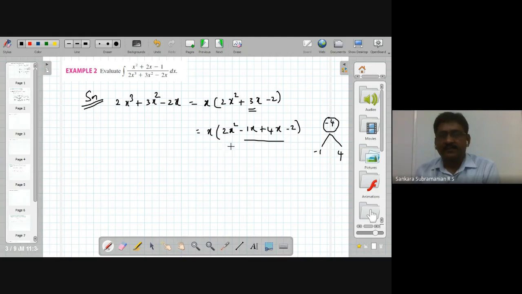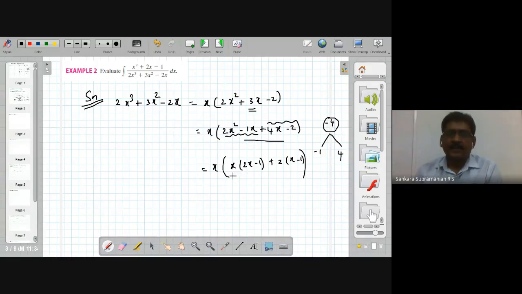From the first two terms, I can take x common, so that I get x into 2x minus 1.